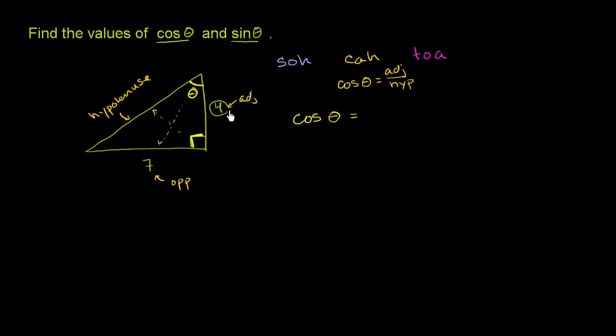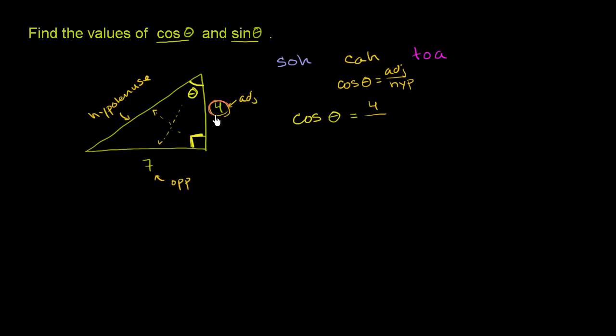With that out of the way, cosine of theta is equal to adjacent over hypotenuse. Adjacent has length 4. What is the hypotenuse? We know which side is the hypotenuse, but they haven't given us the length yet. We can figure it out using the Pythagorean theorem. We have two sides of a right triangle, so we can always figure out the third side. The sum of the squares of the two shorter sides will be equal to the square of the hypotenuse.